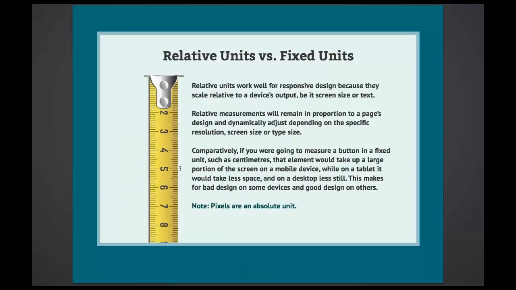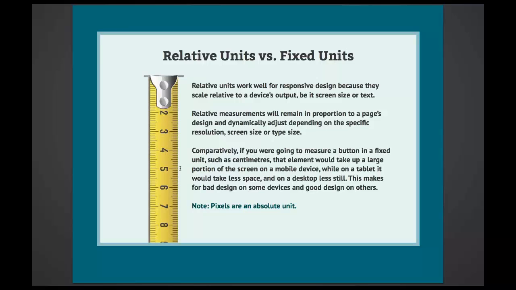So relative units are better than fixed units, being centimeters, inches, things like that, because relative units are always representative of an aspect of the screen size or text, an element of the page that can either scale up or down, whereas fixed units are fixed in size and you won't be able to do that. And I just wanted to note that pixels are an absolute unit, and I'll be touching on that again later in the talk.